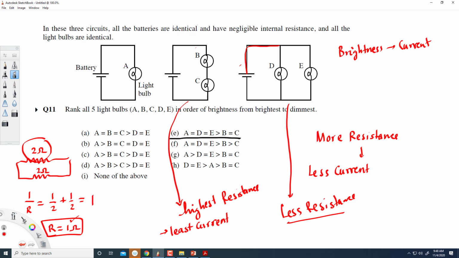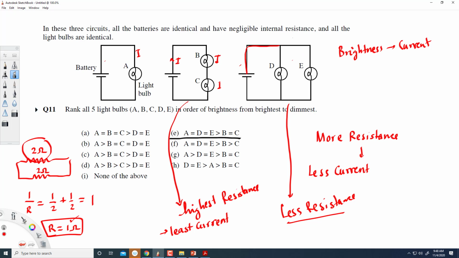Okay, and the current flowing through each bulb is the same, because if there is I flowing through this one, this will also get I, because whenever things are in series, they get the same current. Now this one has less resistance than this one. Let's consider there is current I through this.